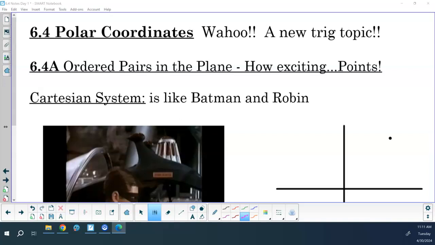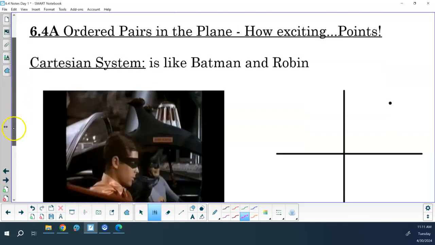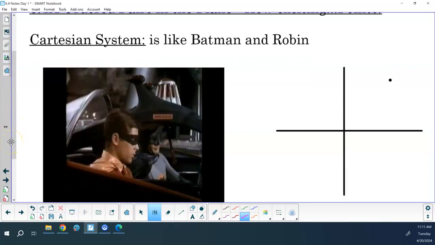The Cartesian coordinate system is like Batman and Robin. Okay? So here is a point out in the middle of Gotham.